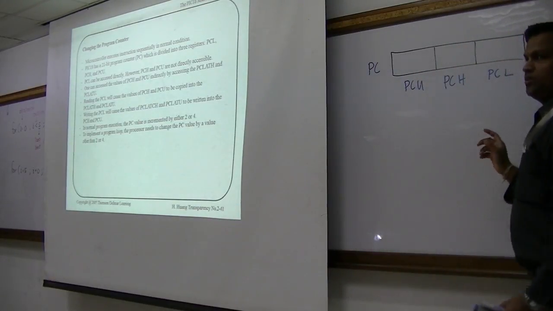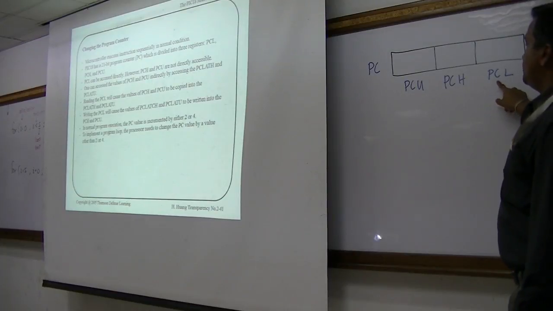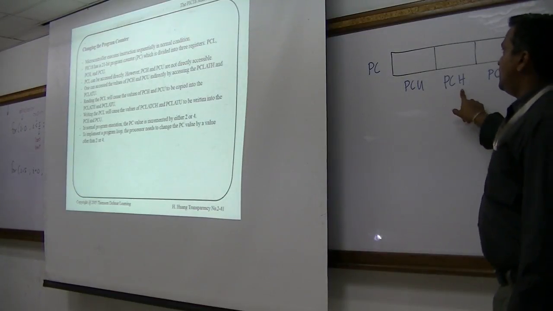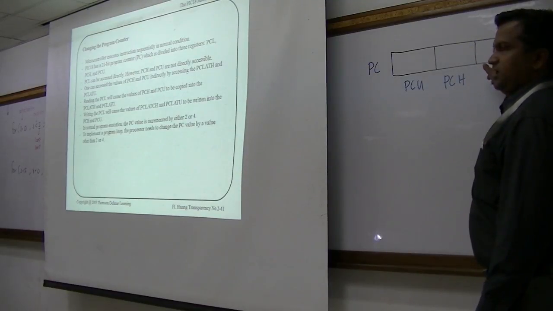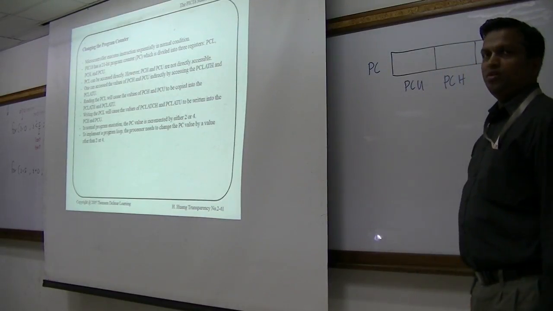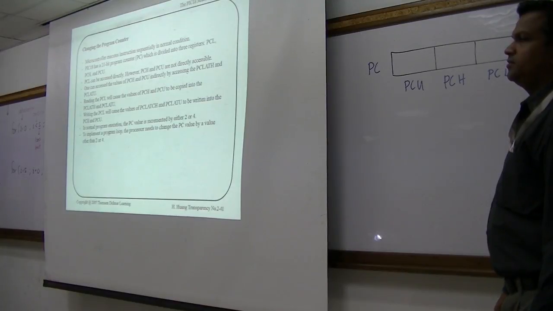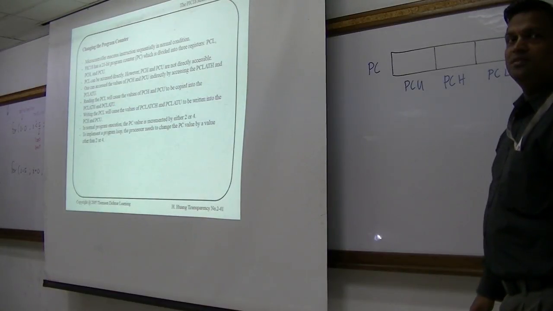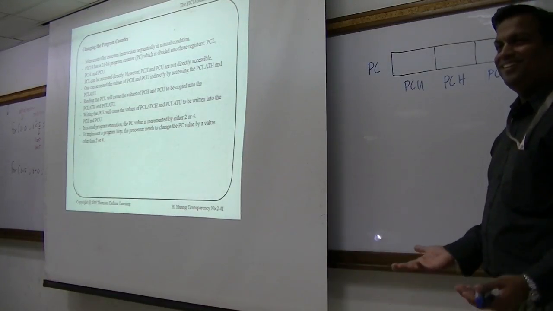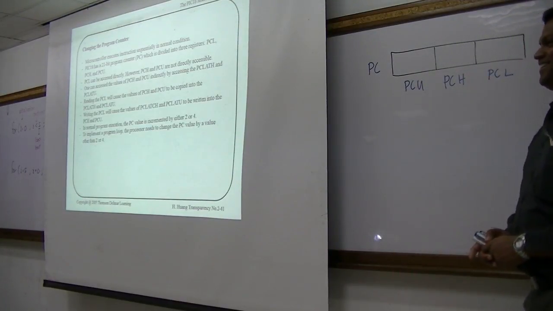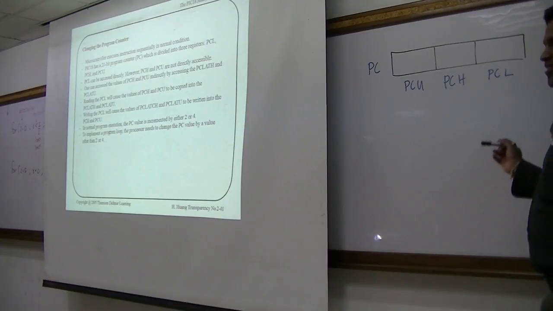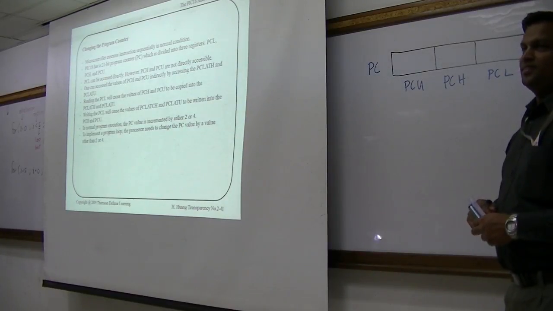This is PC low, PC high, and also PC upper. So each is 8 bits, 8 bits, 8 bits. Total becomes 24. Can't be that bad, right? 24 bits. Out of the 24 bits, we are only using 21.